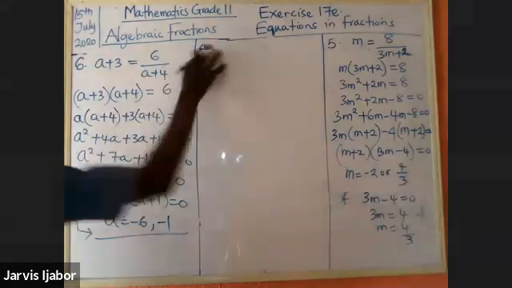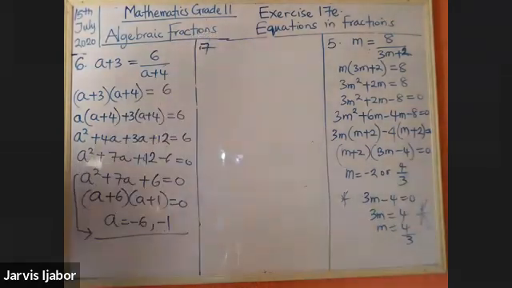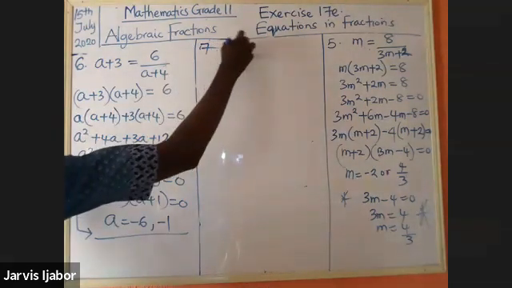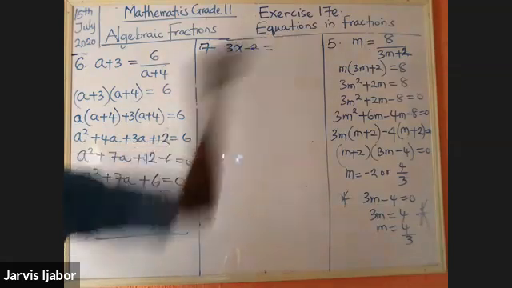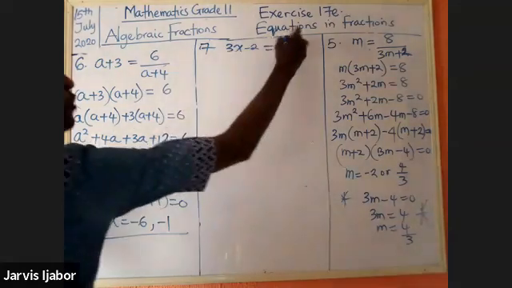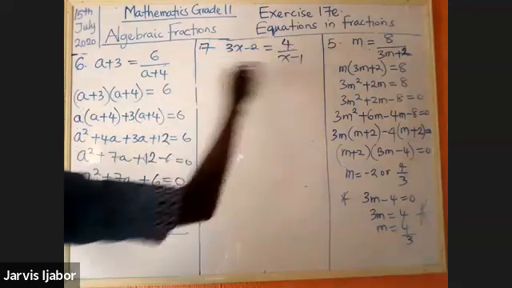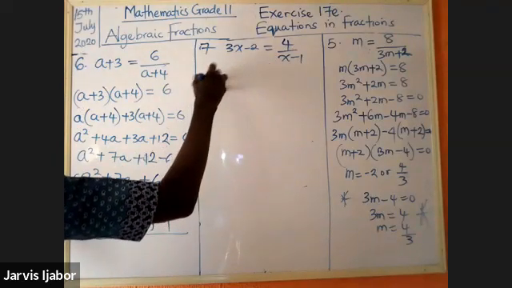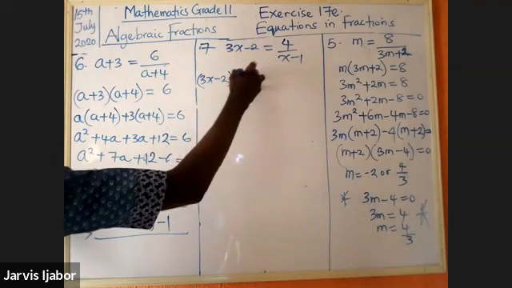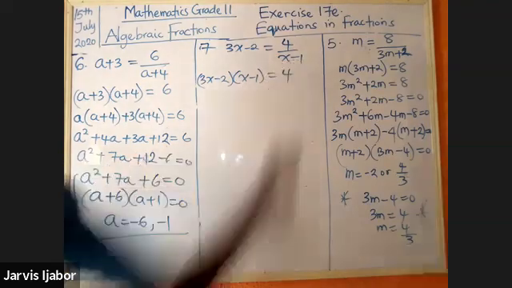In question 7, we have that 3x minus 2 is equal to 4 over x minus 1. So what does that give you? 3x minus 2 into x minus 1 will be equal to 4.